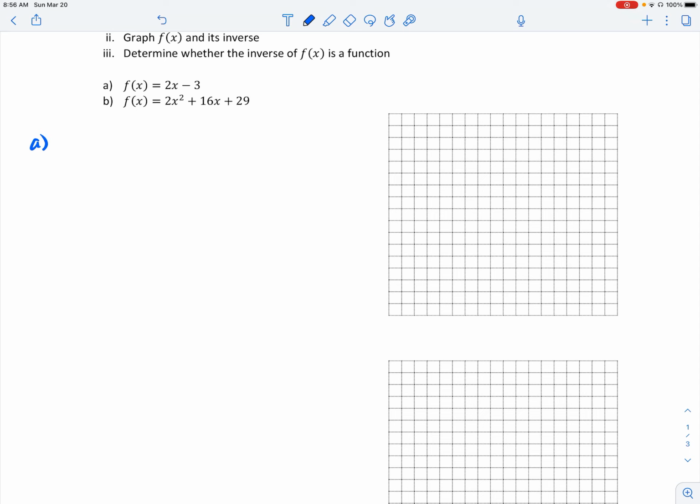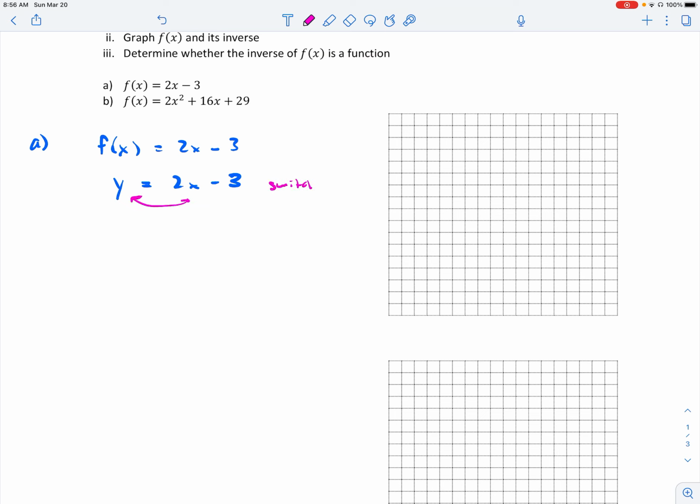So for a, we want to take the function f of x equal to 2x minus 3. Okay. Our first step should be to write this as y, f of x. That way we can just go ahead and switch x and y. So we kind of got to switch those two around.